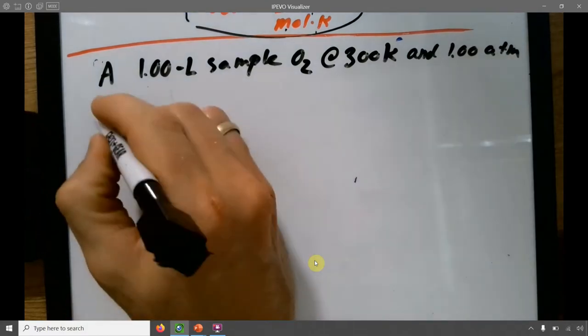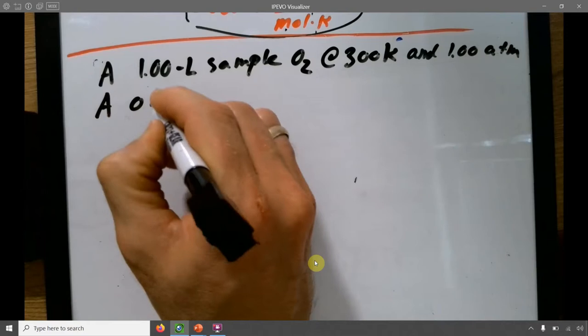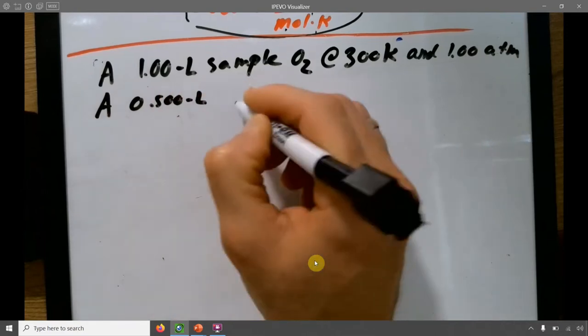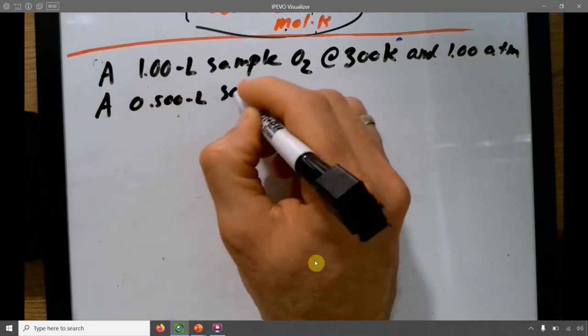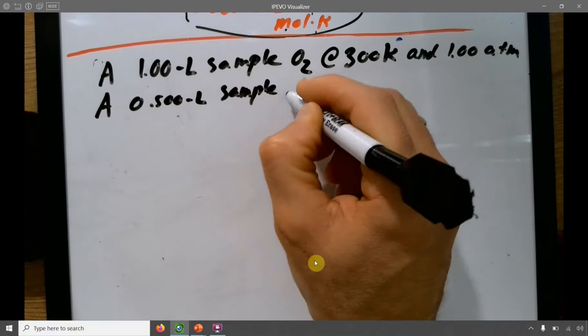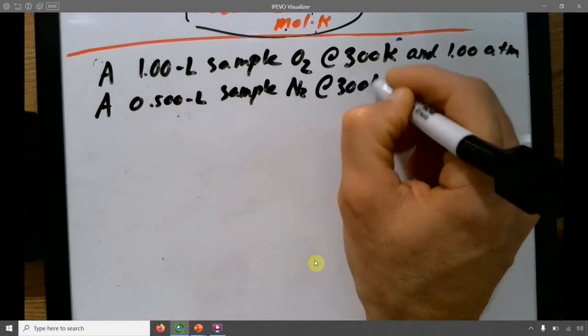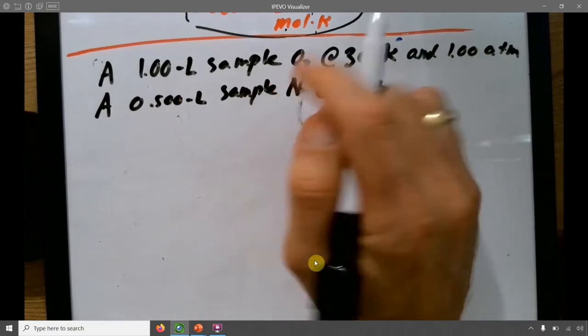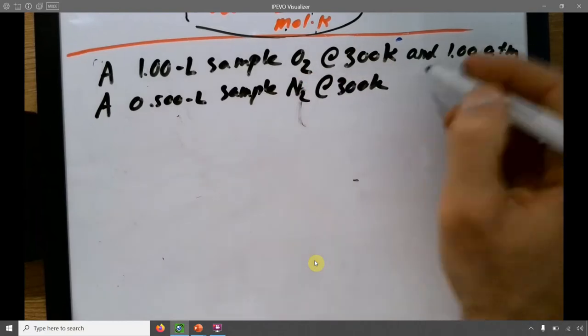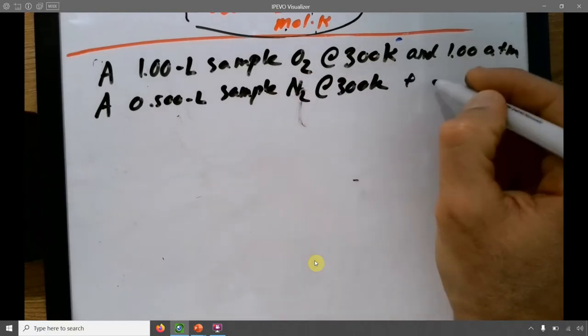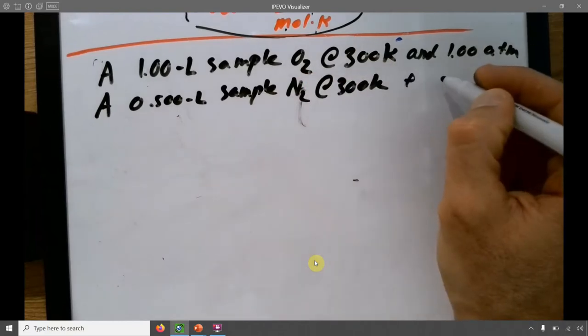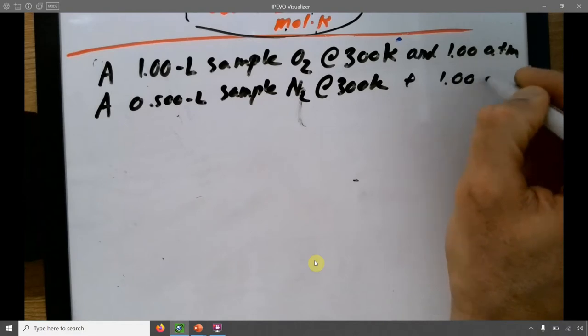I also have half a liter, so maybe a smaller bottle of nitrogen, N2. It's also at 300 K and also 1 atm.